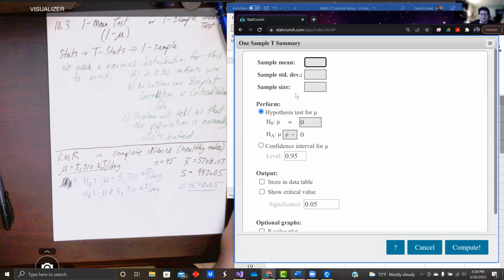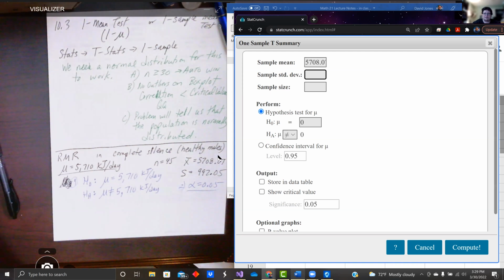And they asked for the information that I already wrote down. They want the sample mean, and that was the 5,708.07, which is so not what I wrote. The sample standard deviation was 992.05 kilojoules per day.